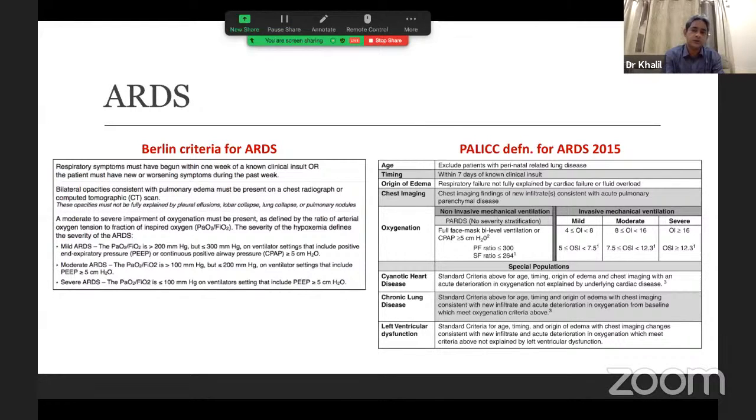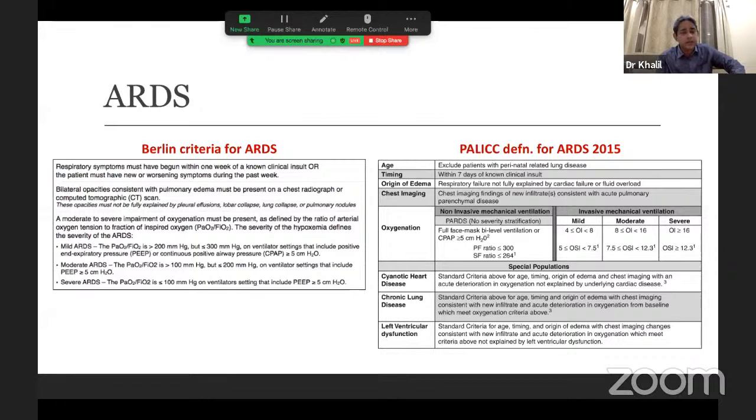The origin of edema should be of respiratory cause, which is not fully explained by cardiac failure or fluid overload, and chest imaging should show infiltrates consistent with acute pulmonary parenchymal disease, and the oxygenation criteria. This is where the difference lies between the Berlin criteria and the PALICC definition.